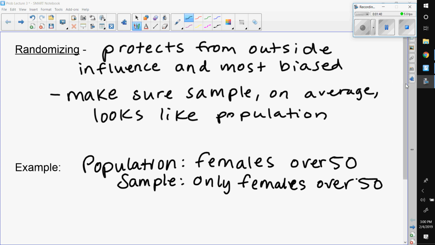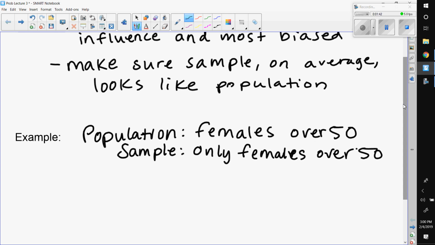Another way to look at this would be if your population was New London and the people that live there.